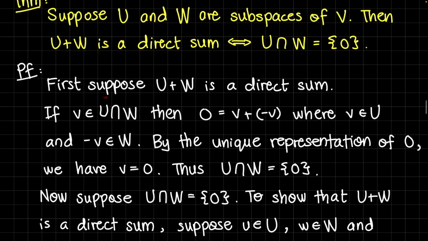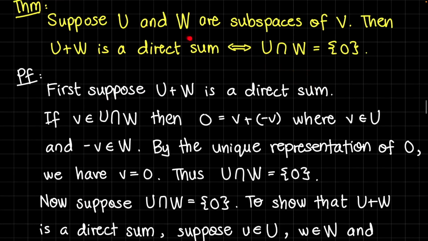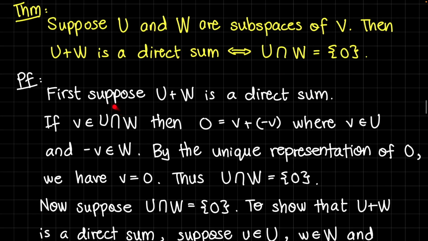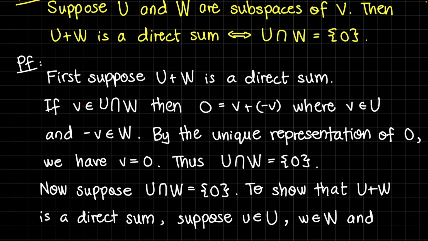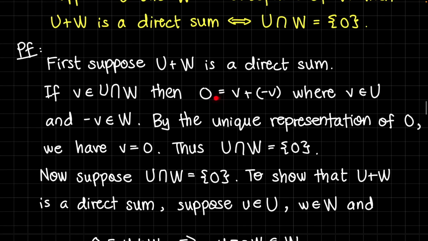So how do we prove that? It's bidirectional, so we have to prove both ways. First, suppose U plus W is a direct sum. Then if v belongs to the intersection, you can write 0 as v plus minus v. So we've just expanded 0 as an element v plus minus v, which is the additive inverse of v.